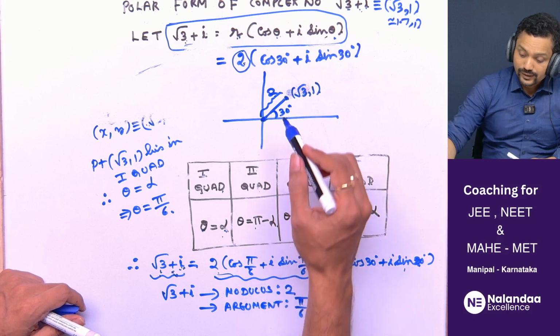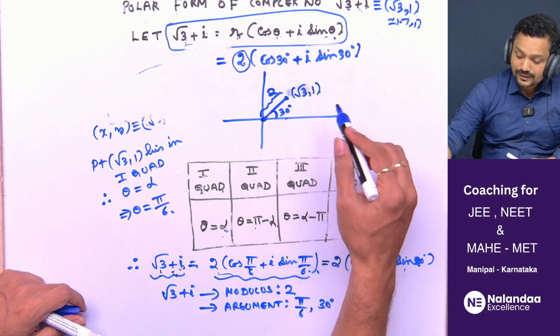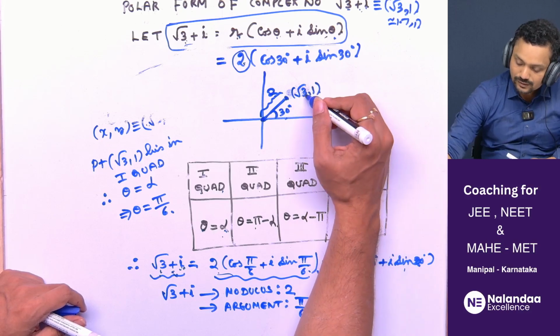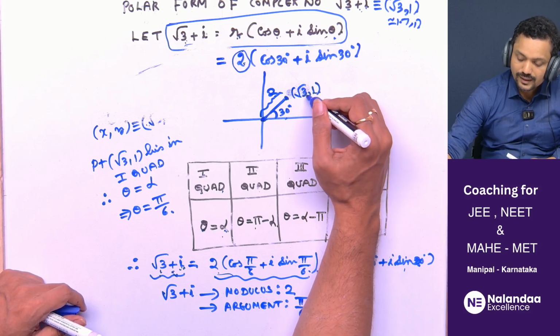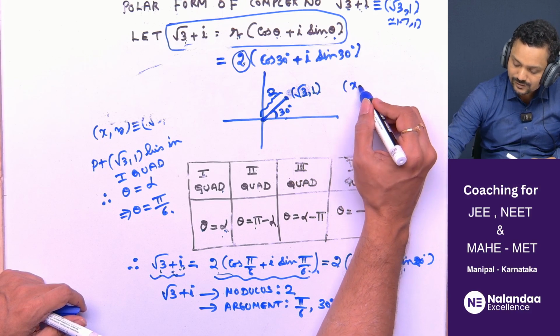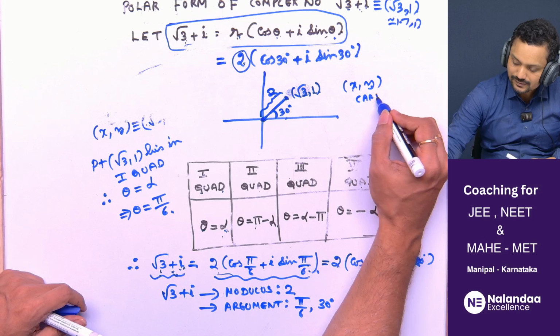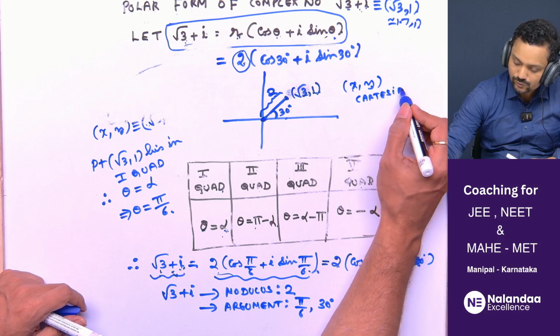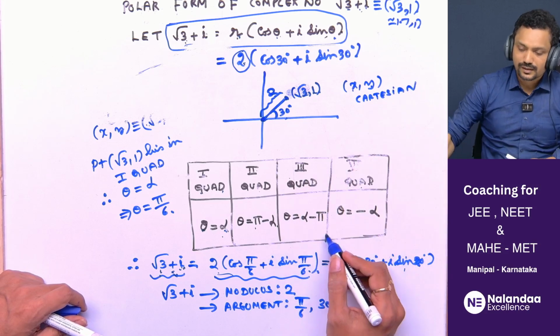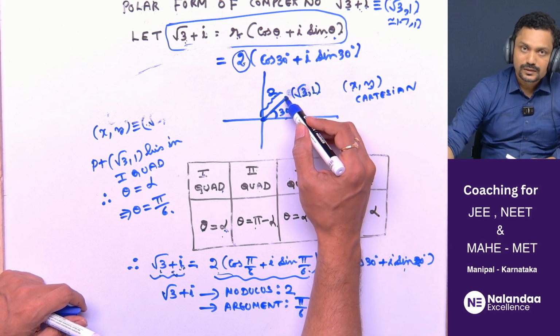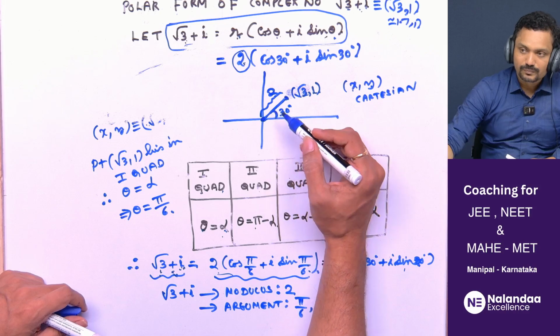Now in our ordinary x and y coordinate system, these are called Cartesian coordinates. When I say x comma y, x and y are called Cartesian coordinates. Similarly, a point can also be plotted in another form.